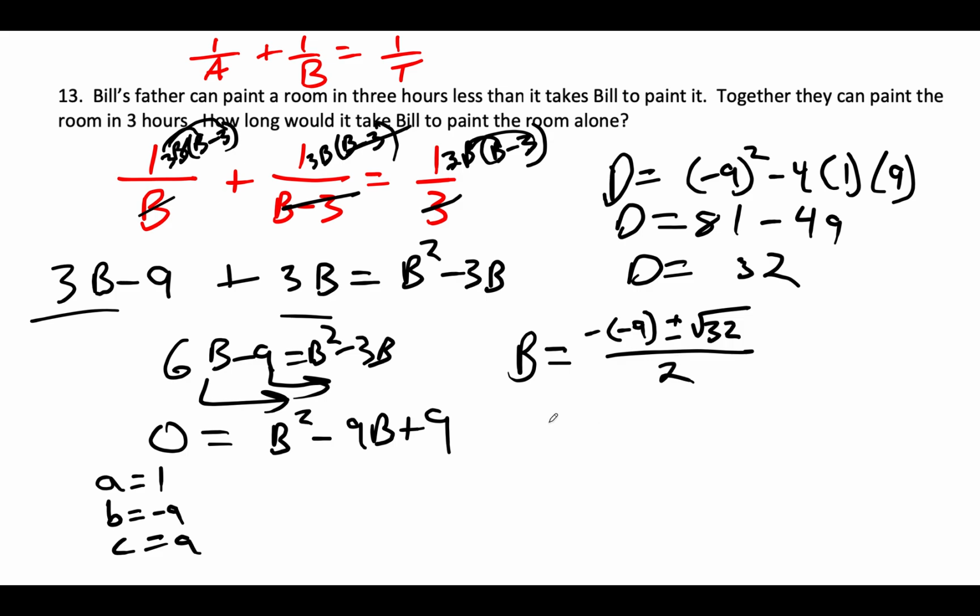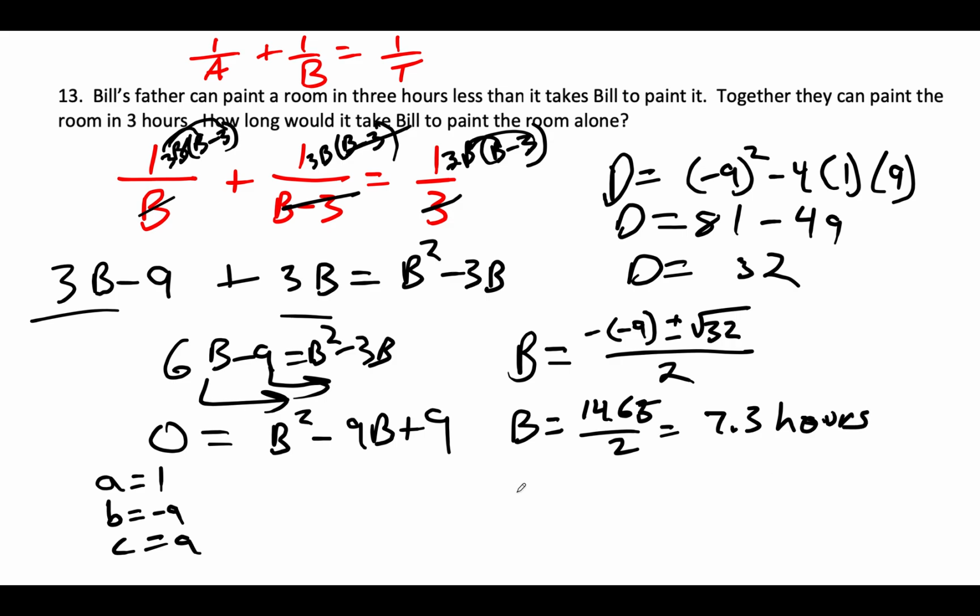Okay, so if this was the case, I would actually do the math now. So I'm going to take 9, because that's going to be a positive 9, plus the square root of 32, and I'm going to get 14.65. And I'm going to take my 14.65, and I'm going to divide by 2, and I get 7.3, and that would be hours.